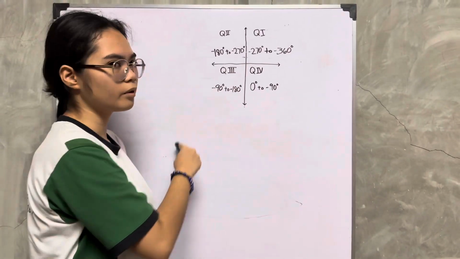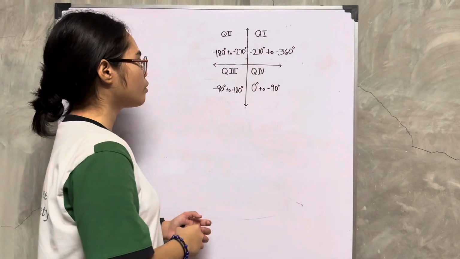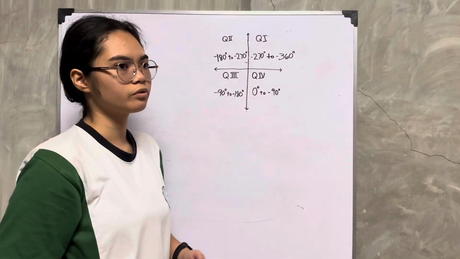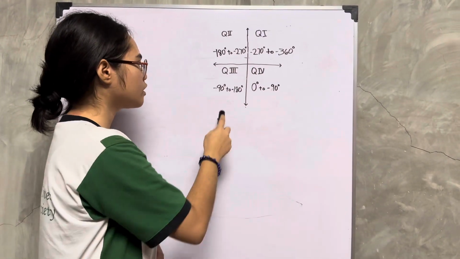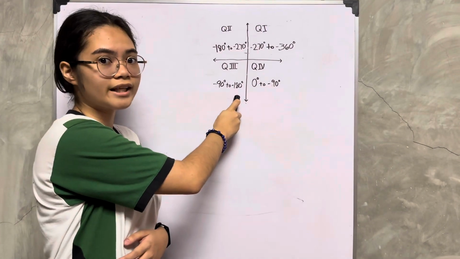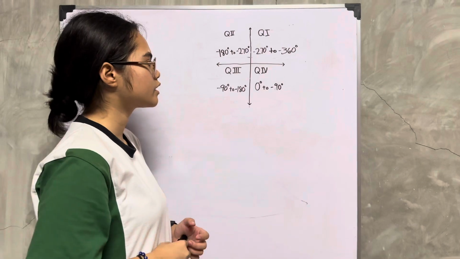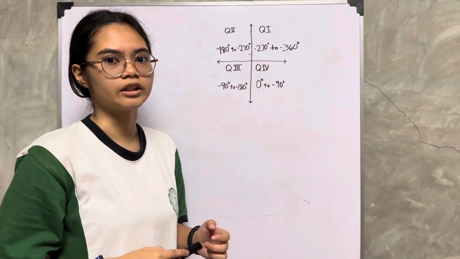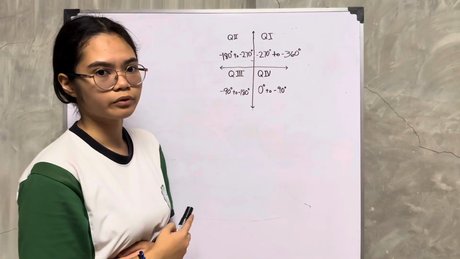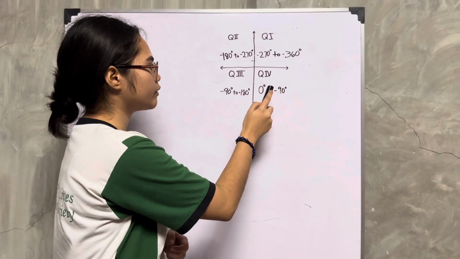At the bottom left of the Cartesian plane, we have quadrant 3, which ranges from negative 90 degrees to negative 180 degrees. And lastly, we have quadrant 4, which is at the bottom right of the Cartesian plane. It ranges from 0 degrees to negative 90 degrees.